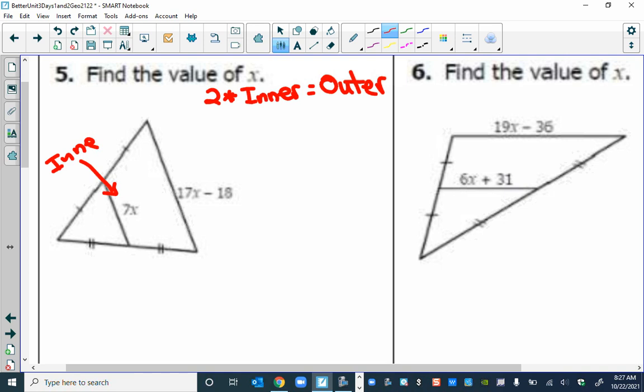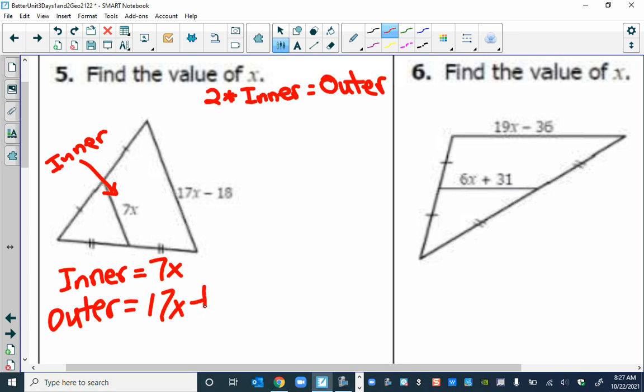So inner is 7x. Then what's the outer? 17x minus 18. That's your outer.